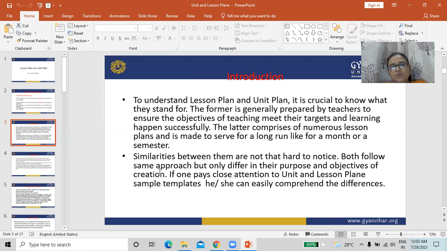If one pays close attention to a unit plan and lesson plan template, he or she can easily comprehend the difference.